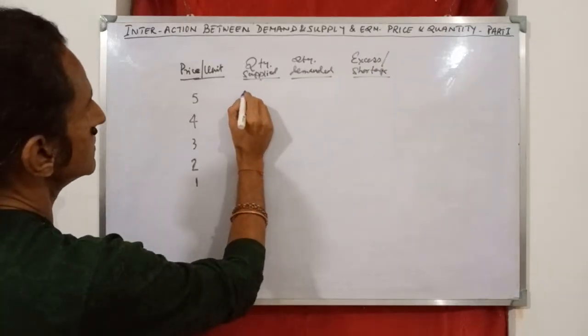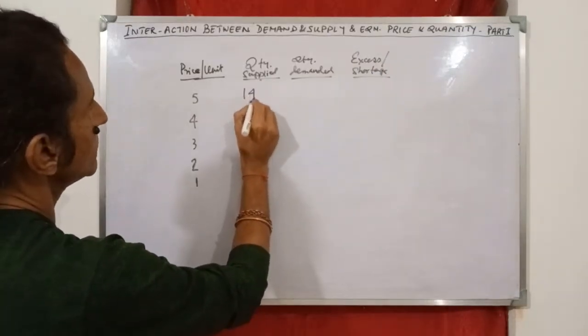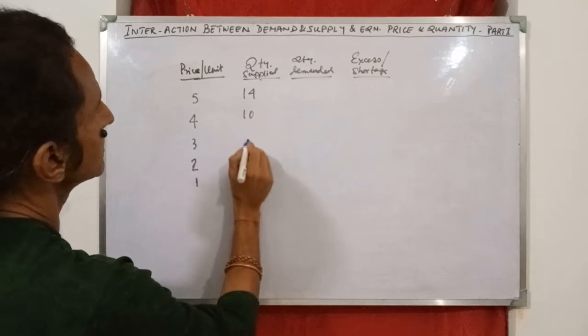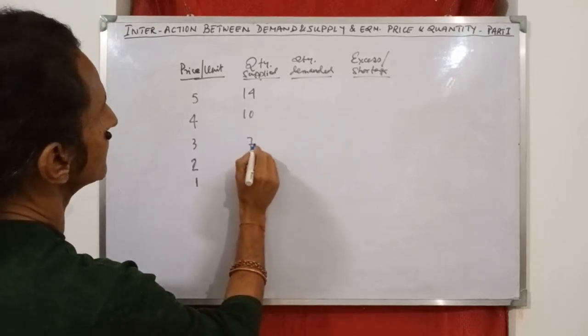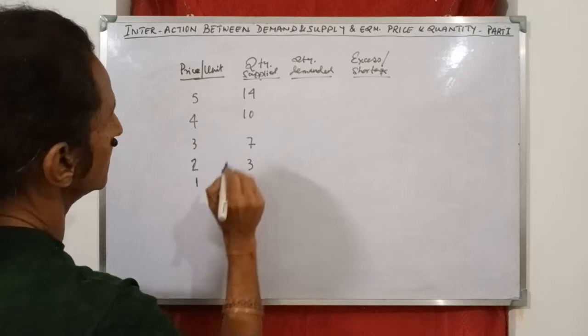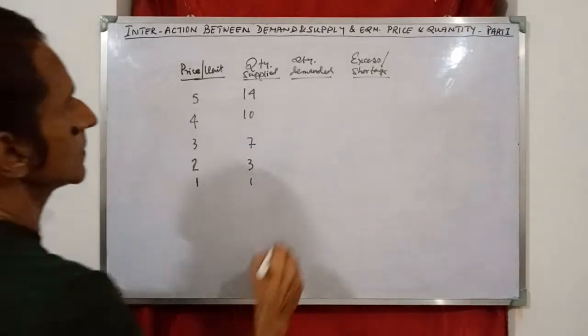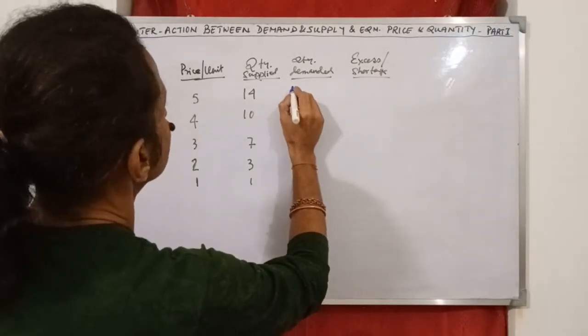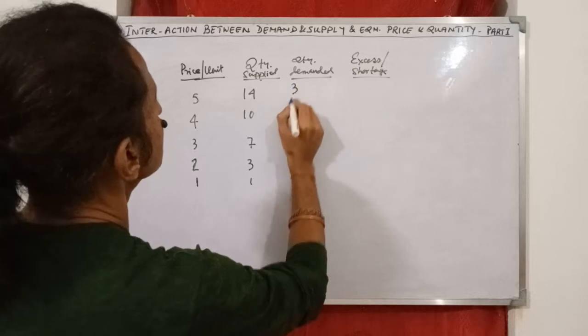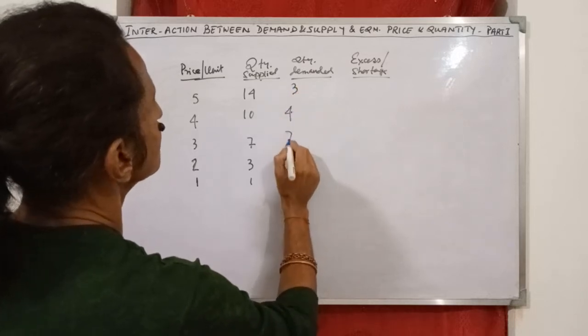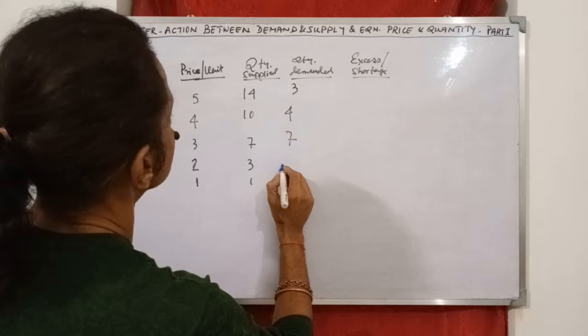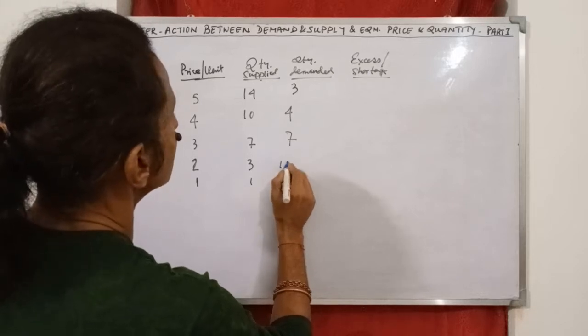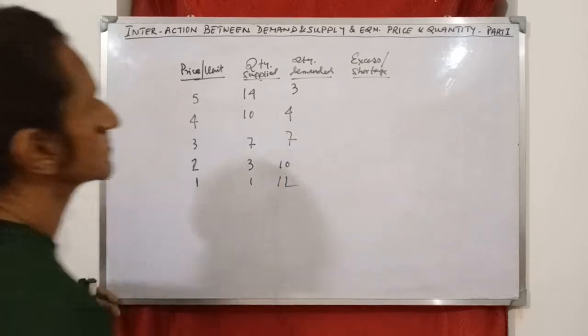Quantity supplied, let them be 14, 10, 7, 3, 1. And quantity demanded, let 3, 4, 7, 10, 12.